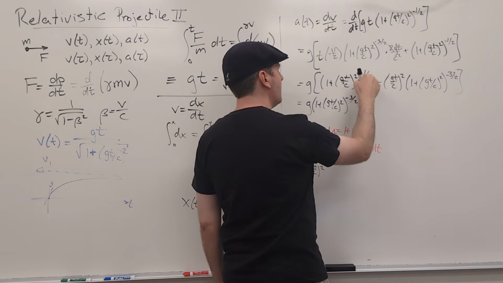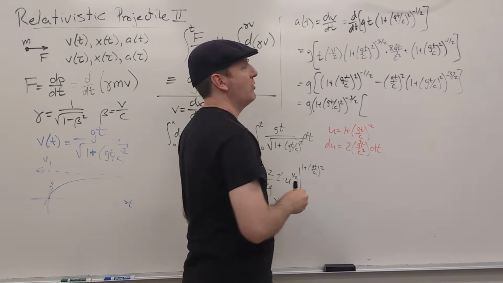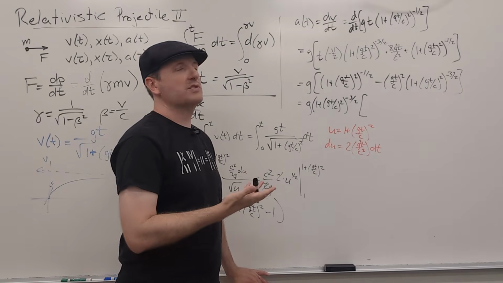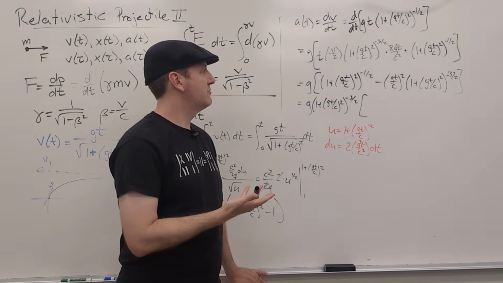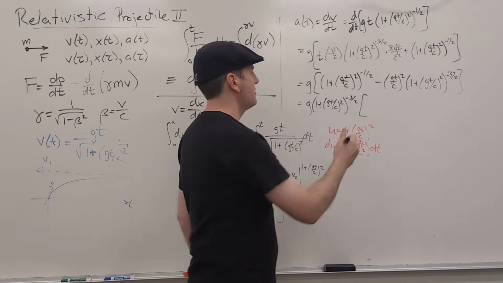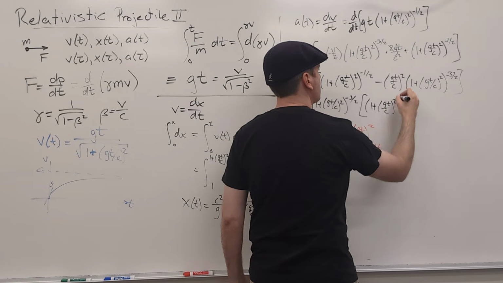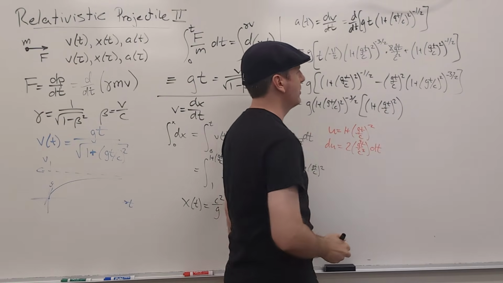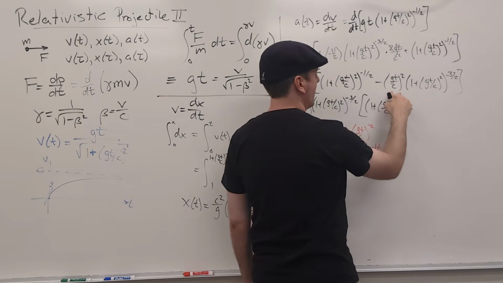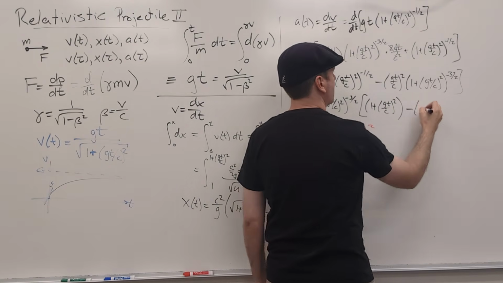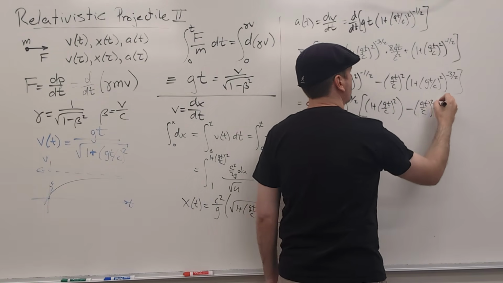Well, I'm going to get a minus 1/2 plus 3/2, which is 1. So I'm just going to get 1 plus gt over c quantity squared to the 1th power. And then I'm going to subtract off this piece, which is all that's left when I factor that out.